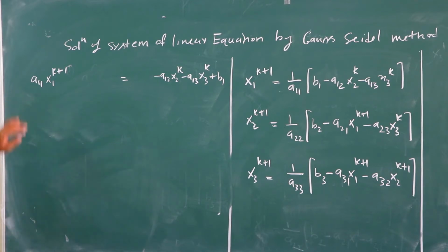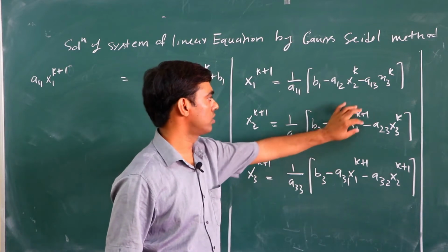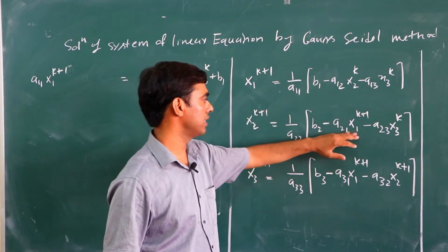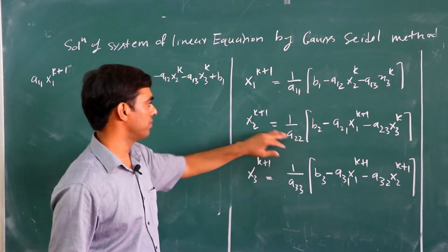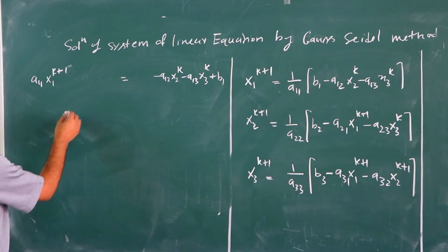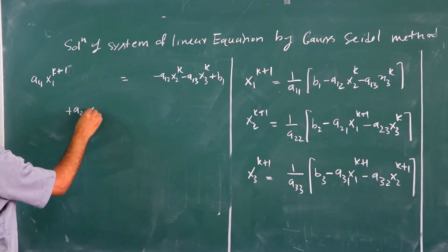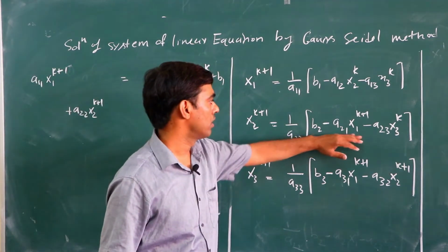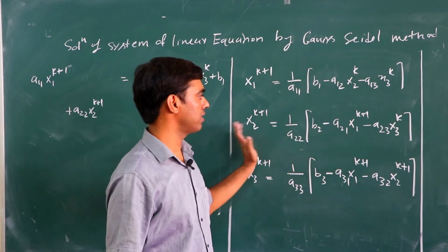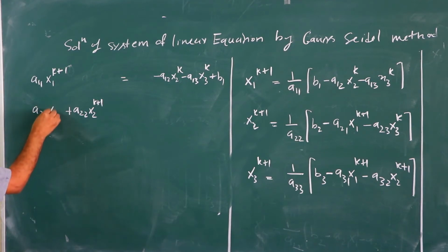Now similarly, in the second equation, there are two terms of k plus 1. First we write this term, then we write the x2 term multiplied by this one. So plus a22 x2 to the power k plus 1, and this one becomes on the left hand side a21 x1 to the power k plus 1.